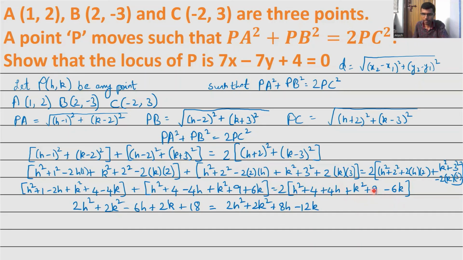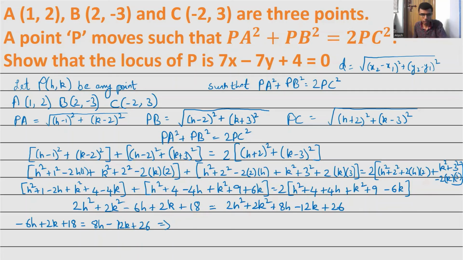And then 4 plus 9 is 13, 13 times 2 is 26. Now, if you observe, 2h square and 2h square I can cancel, 2k square and 2k square I can cancel. So I'll be left with minus 6h plus 2k plus 18 is equal to 8h minus 12k plus 26.